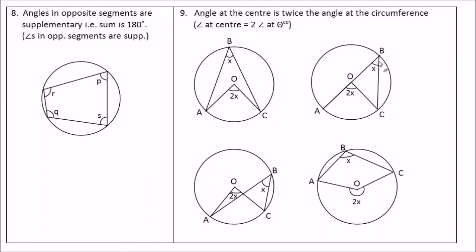Now, if the line AB is to move further down until it is at a point here, the angle at the center here is still twice the angle B here. So you must be able to recognize when presented with these 3 types of diagrams that you need to apply this property.